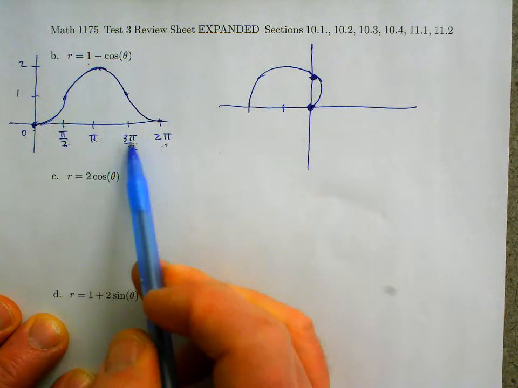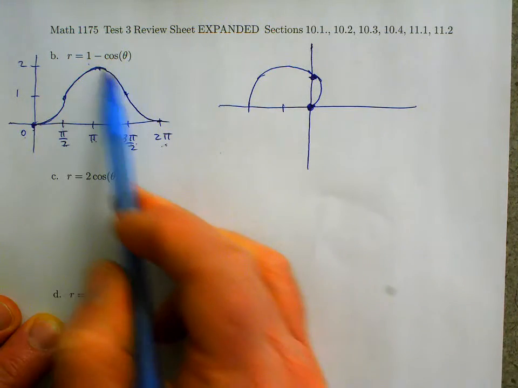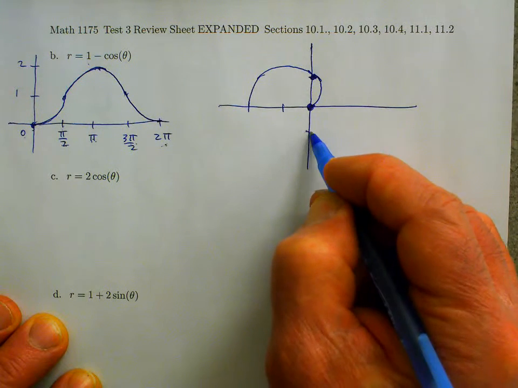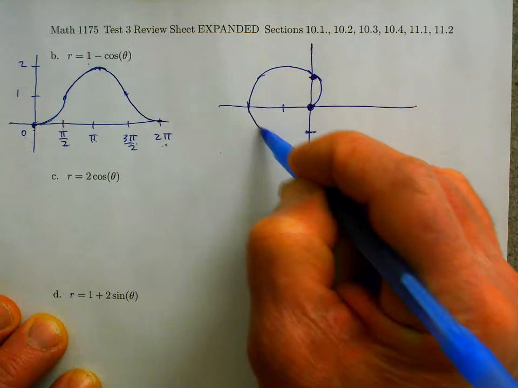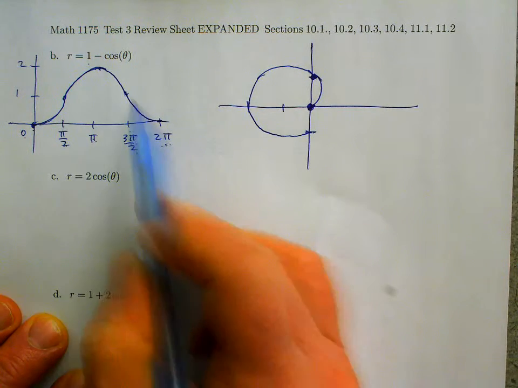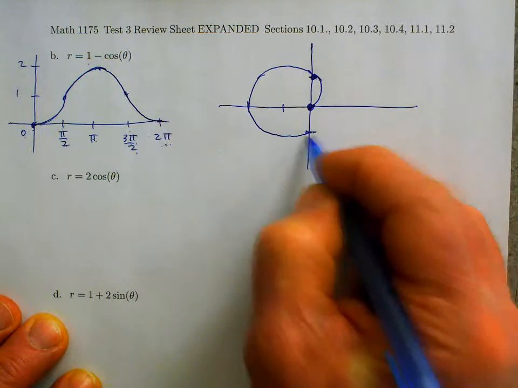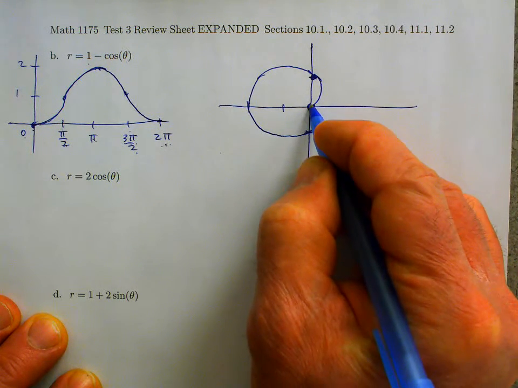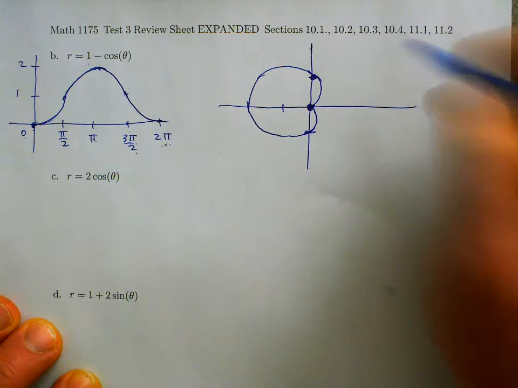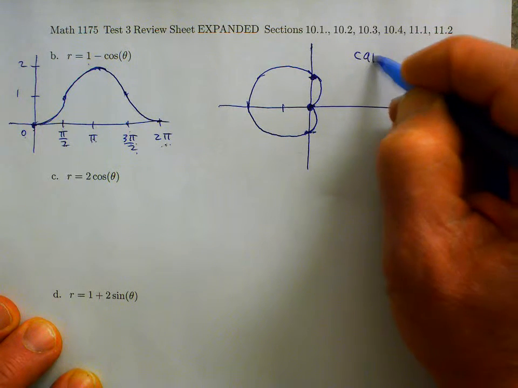Between pi and 3 pi over 2, the r values go from 2 to 1. And then from 3 pi over 2 to 2 pi, the r values go back to 0. So this is supposed to be a cardioid.